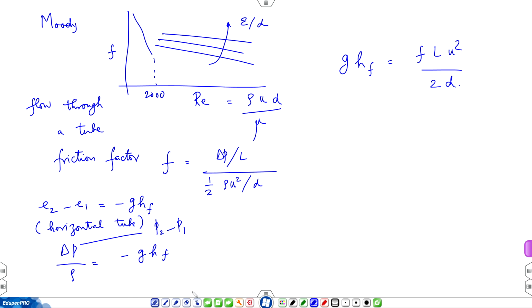Okay. So, if nothing is given, assume that the fluid is at 30 degrees Celsius and water density, let us say we are working with water, it is about 1000.